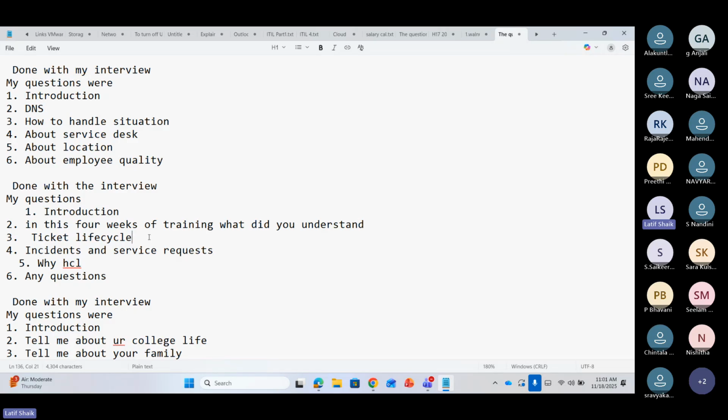So when a customer raises a ticket with a certain request or maybe certain issues, the ticket will be at the service desk. In the service desk, the ticket will be assigned to a specific technical member based on his technical knowledge and the technical requirement of the ticket. So based on the ticket, whichever technical team can handle it, it will be assigned to that team's members only.